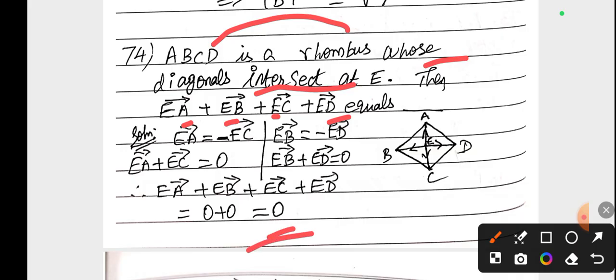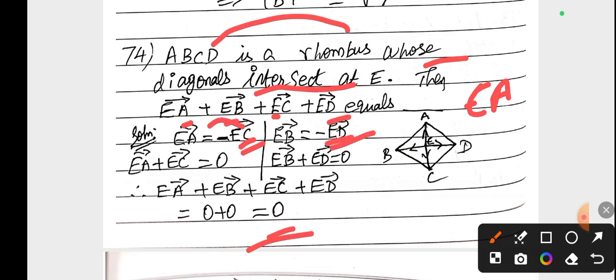How did we get 0? Just draw the rhombus with EA, EB, EC, ED. From E, all the vectors are going out. First, you should know diagonals bisect each other. So EA equals minus EC, and EB equals minus ED.